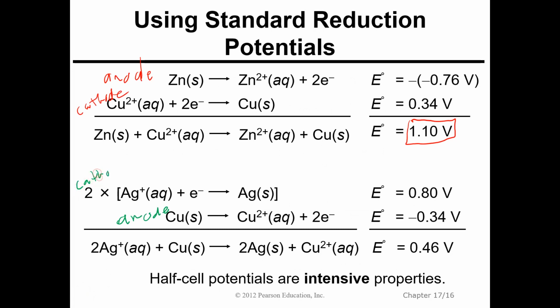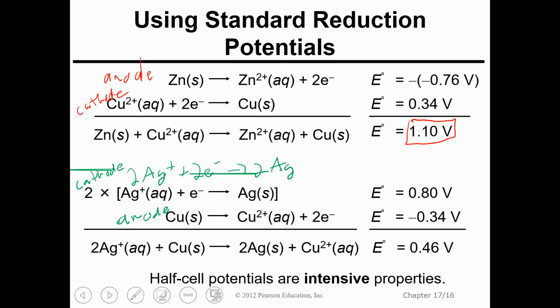Silver acts as our cathode. Now we have to multiply the reaction for silver times 2, since silver only gains 1 electron. In order to add these reactions together, we need to multiply this by 2 so that the electrons will cancel out. So we would have 2 silver ions plus 2 electrons yields 2 silver.